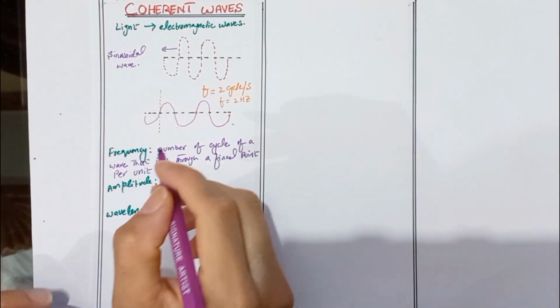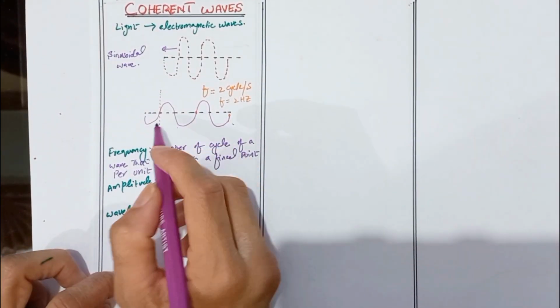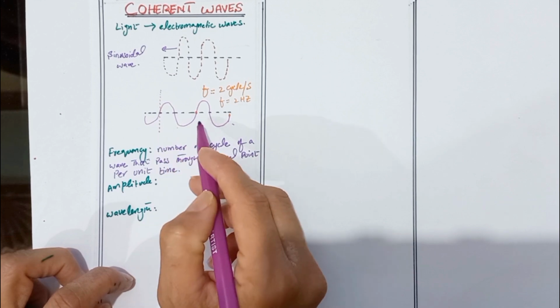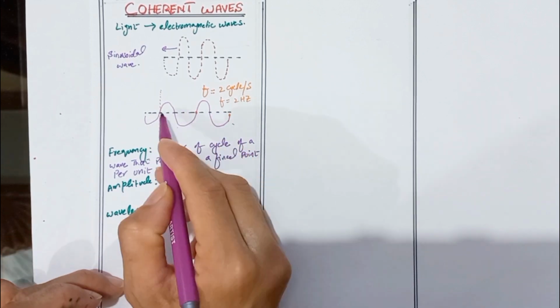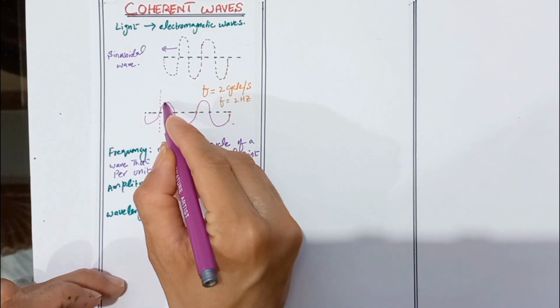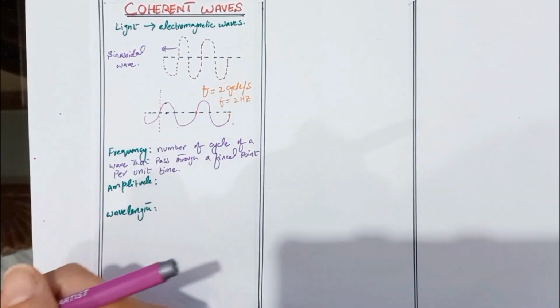Okay, now think about our light in a slightly different way. Part of the electromagnetic wave is displaced either upward or downward relative to the dotted line that we draw here. The distance between the dotted line and the maximum displacement of our wave is known as the amplitude.